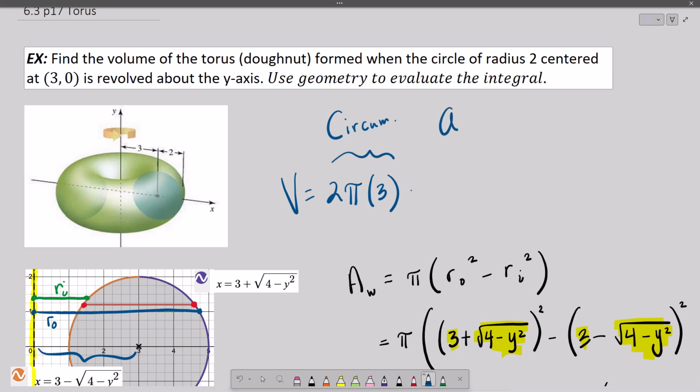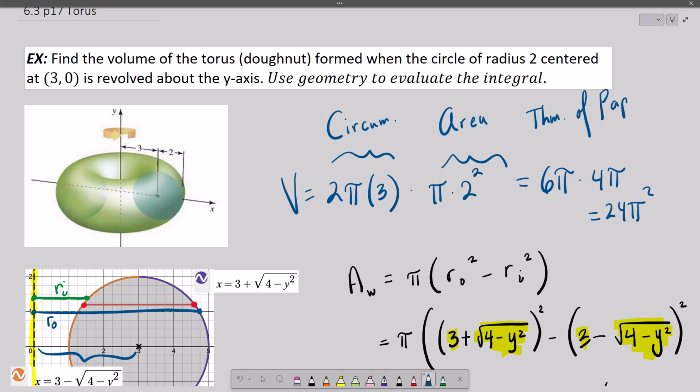And then this is area, right here. This disk right here is radius 2, so that's pi times 2 squared. So we get 6 pi multiplied by 4 pi, which gives us 24 pi squared. So this is the theorem of Pappus.